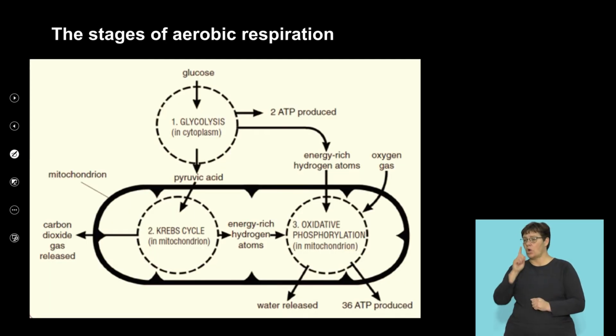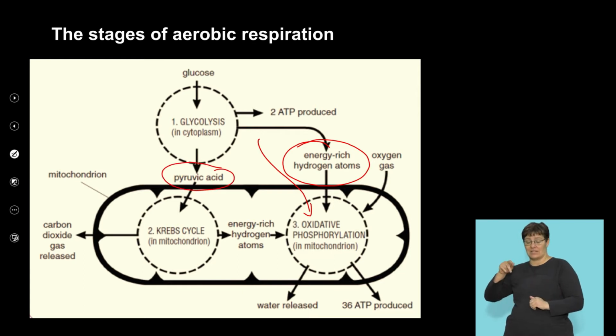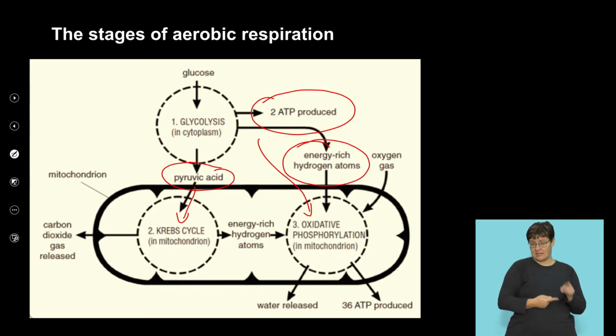Let's look at this in greater detail. So we're seeing that the energy-rich hydrogen atoms then move into the third step, and the two pyruvic acid molecules now move into the first step of the Krebs cycle. We must note that at this stage, only two molecules of ATP are produced.